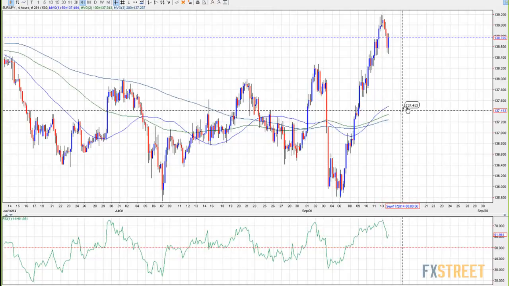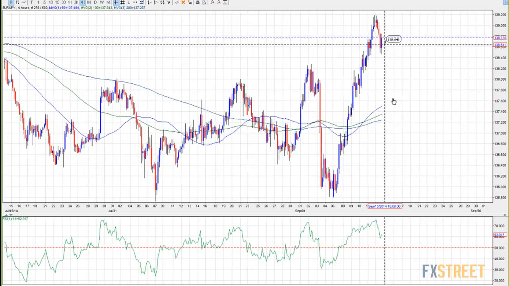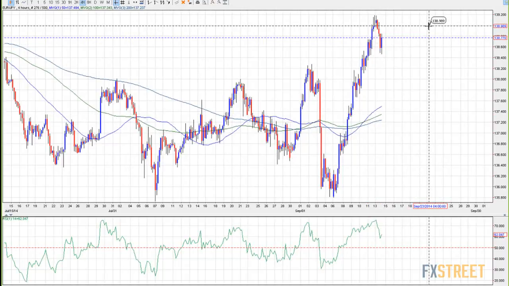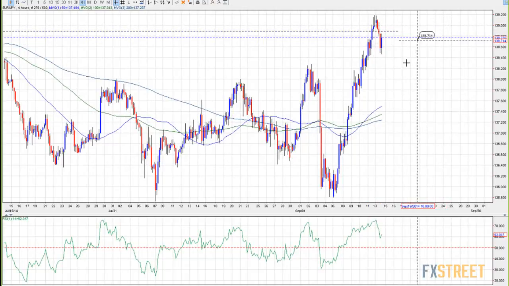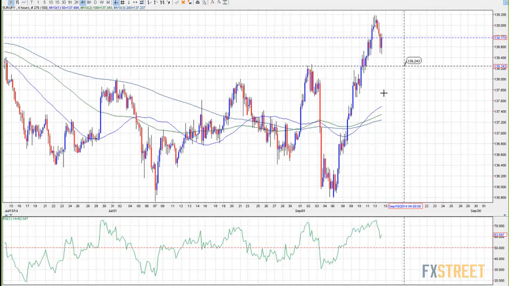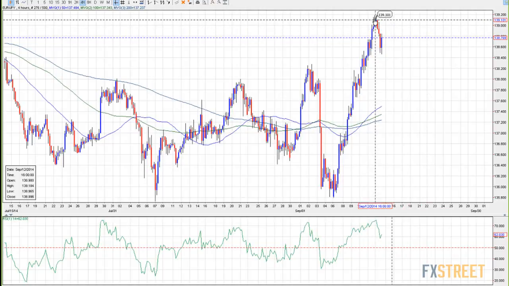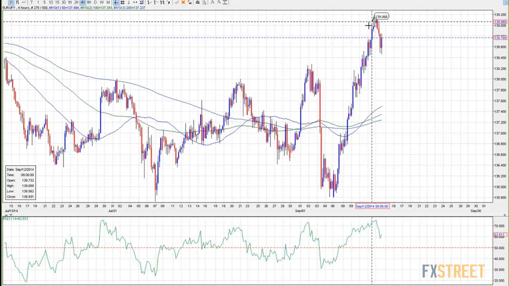If there's a pullback and the price can respect these moving averages as support, that would be called a bullish slingshot signal, and the euro yen would confirm this bullish signal that it gave last week. Now this bullish signal goes beyond just creating this price bottom.